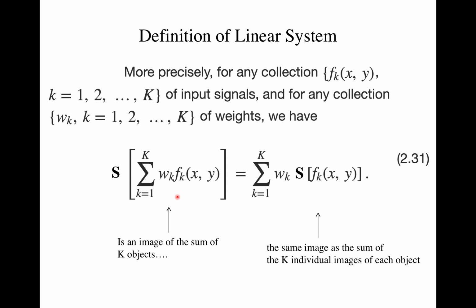There are a few definitions that are really dry, but you just have to know them. If we want to characterize our imaging system S as a linear system, then this property is true: if I have multiple objects and I weight them, say I multiply one of the objects by 2 by making it a thicker layer, and have the other object as a single layer, so I have some weighting here, I can take the individual output of each object and multiply by the weights after it goes through S. You're probably pretty familiar with this kind of thing from linear equations.